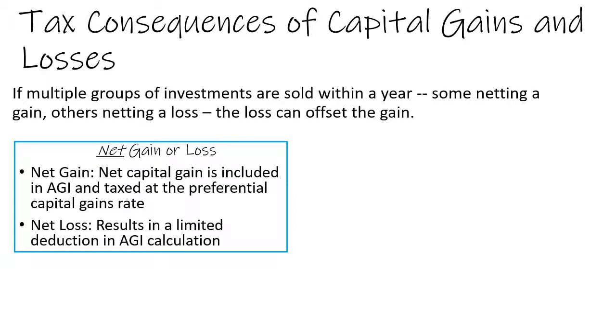A net gain occurs when the sum of all capital gains and capital losses results in a positive cash flow. The net capital gain is included in adjusted gross income, but it's taxed at the preferential capital gains rate. The net loss for individual taxpayers results in a limited deduction from the adjusted gross income calculation.